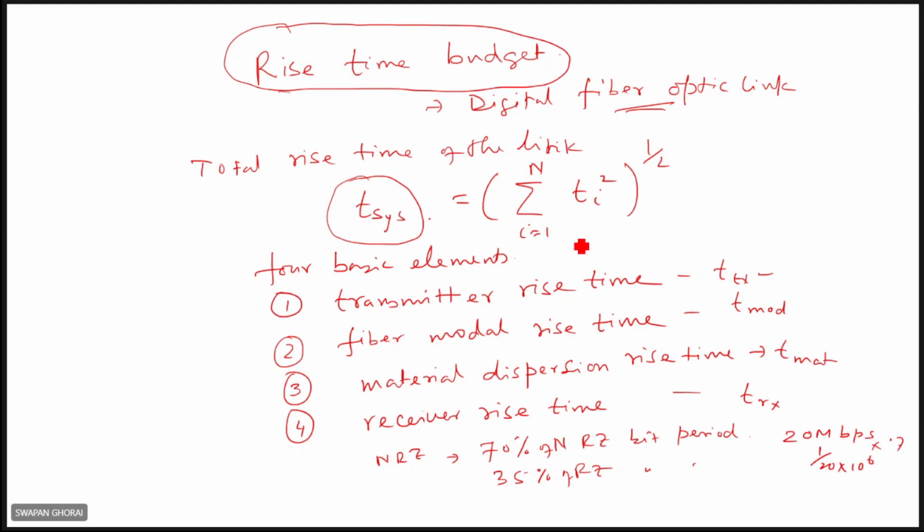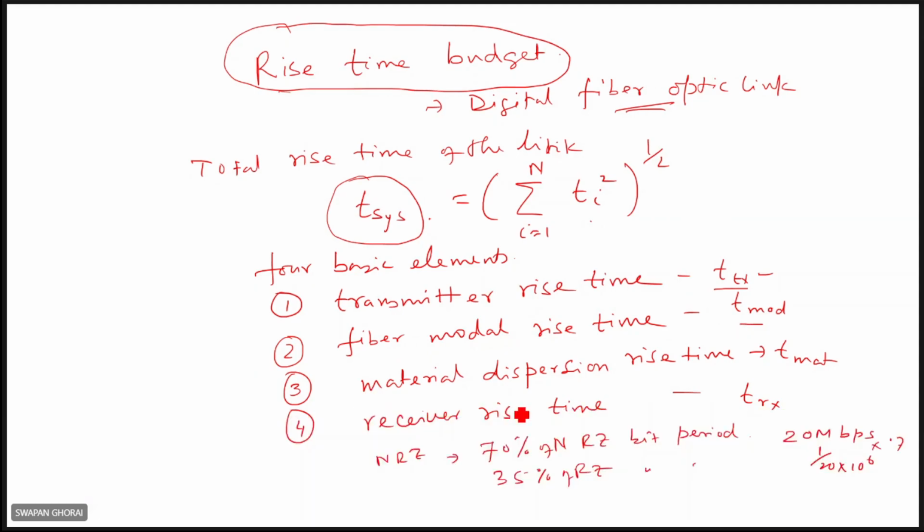What are the different contributors? Say, what are the different TIs? It can be the transmitter rise time, that is TTX. Another one is the fiber modal dispersion rise time, that is T modal.